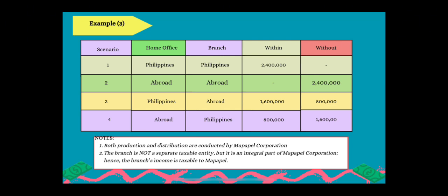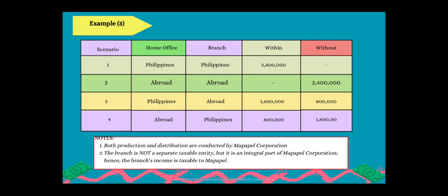For the conclusion, scenario 1, the status of it is a domestic corporation because the home office is in the Philippines and also the branch is in the Philippines. For the second scenario, the status of it is also a domestic corporation because the home office is abroad and also the branch is abroad.